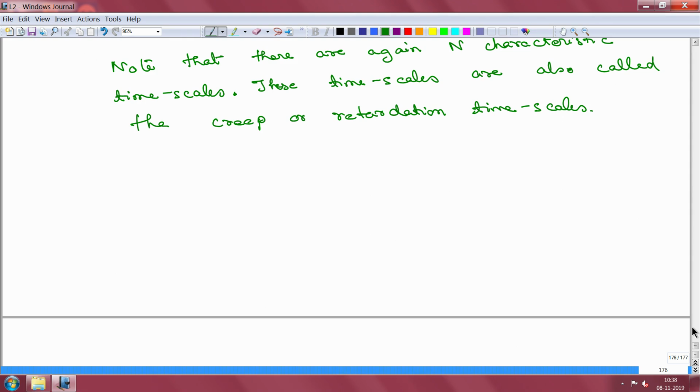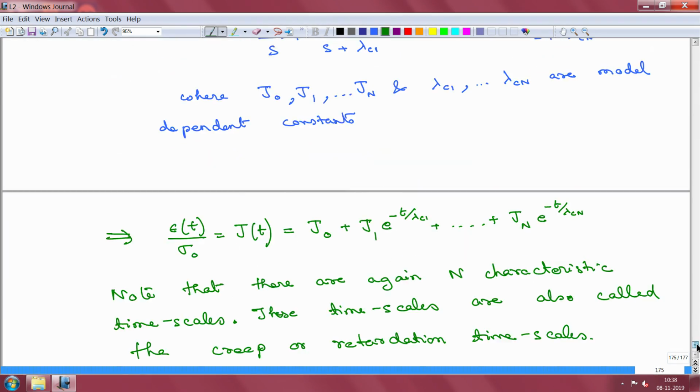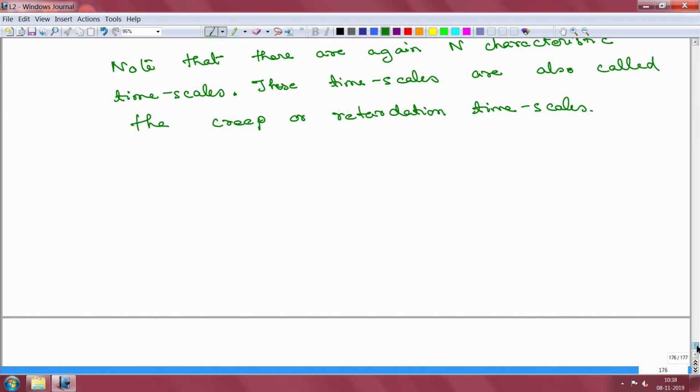Okay. So, now that we have been able to do these two cases, let us turn our attention to the case of the response to an arbitrary stress or strain history.